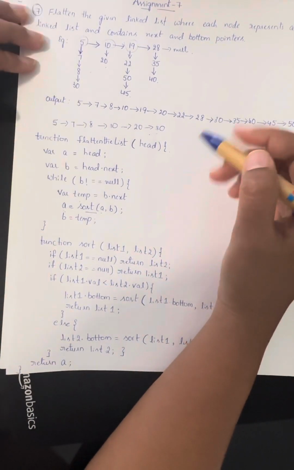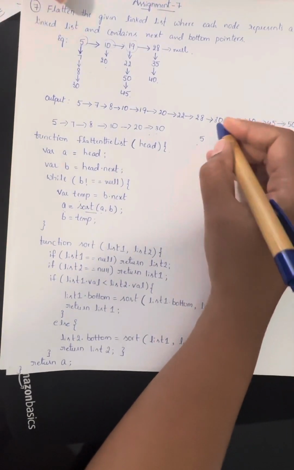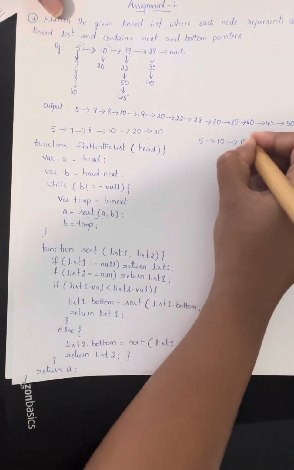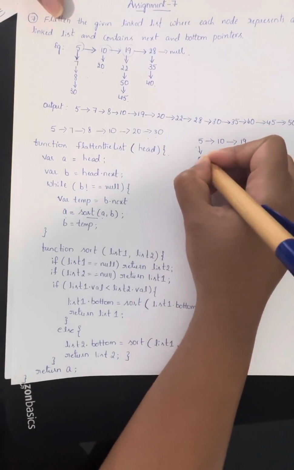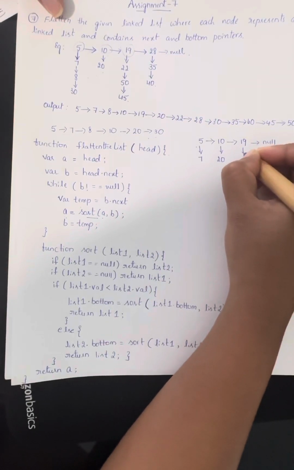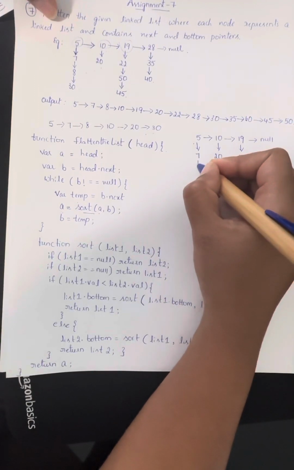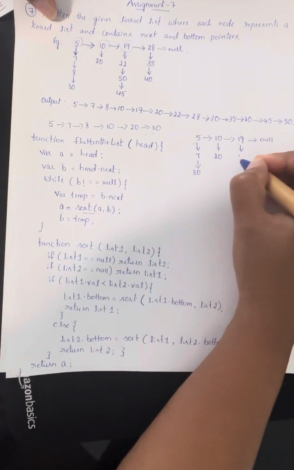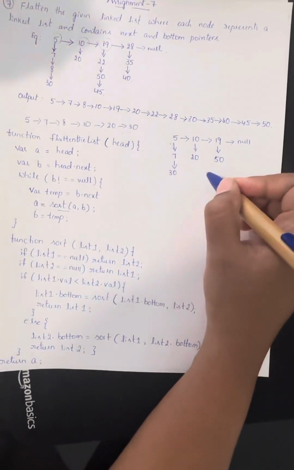Now let's take a shorter example: 5, 10 and 19, and then 7, 20. Let's take this as an example.